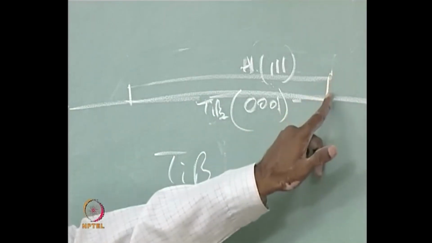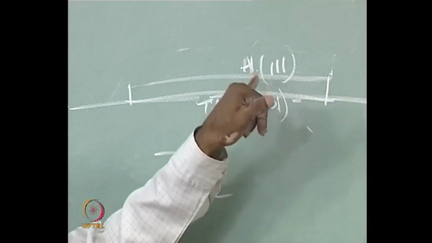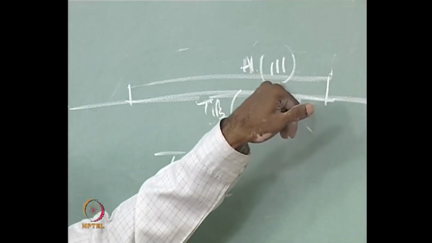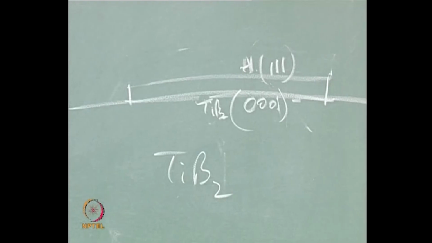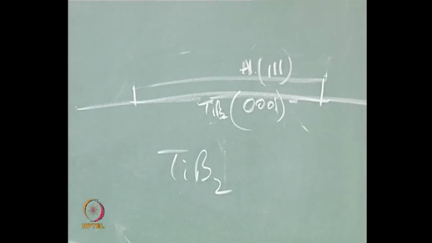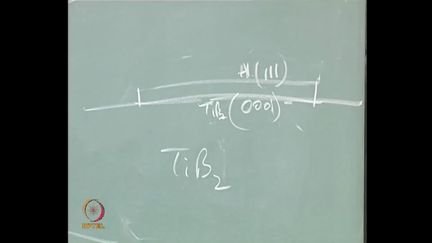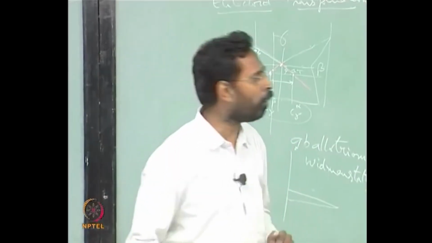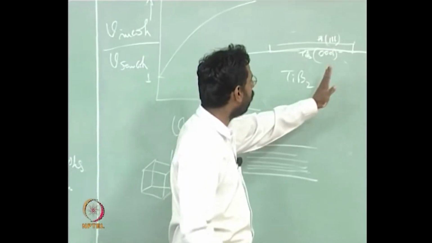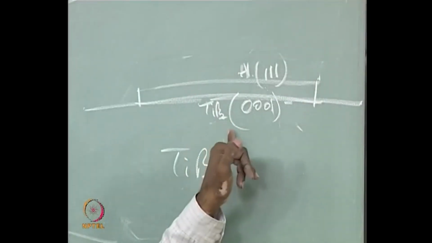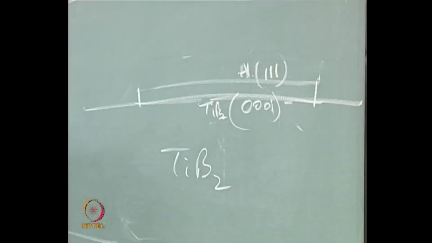What about this plane, which is perpendicular to the 111 plane? It is some other plane, is it not? You can look at the crystallography and find out what that plane is.